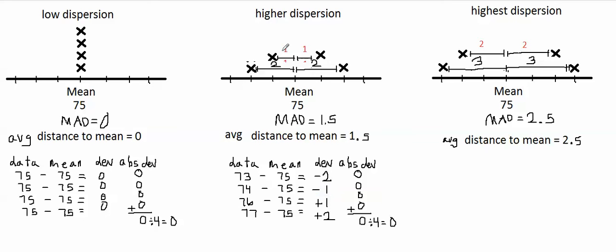Remember, these are the absolute deviations, which just mean all they show is that this person is 1 from the mean, this person is 1 from the mean, or 2 from the mean and 2 from the mean.